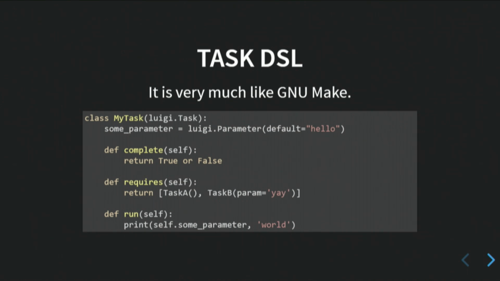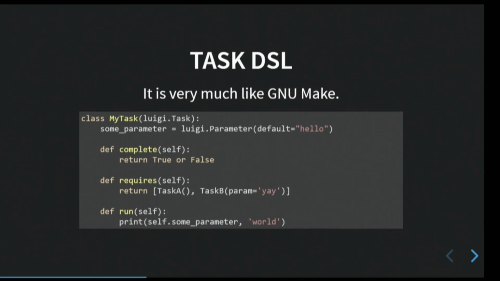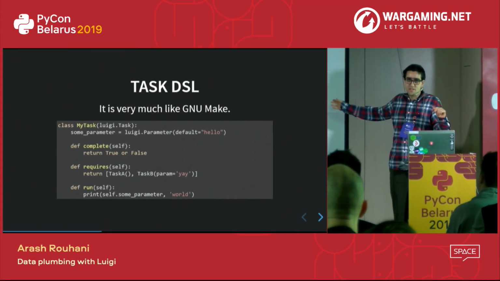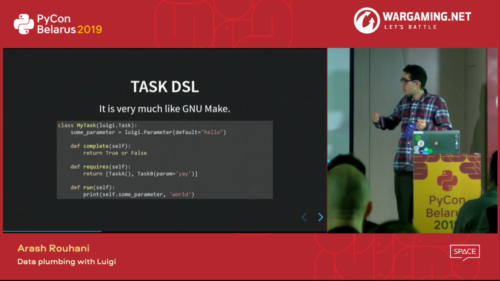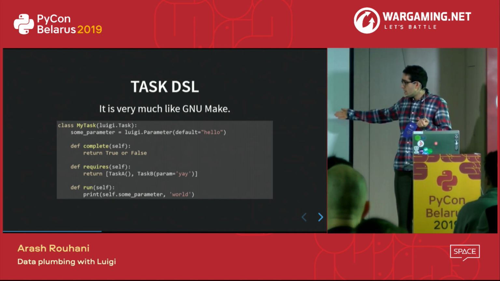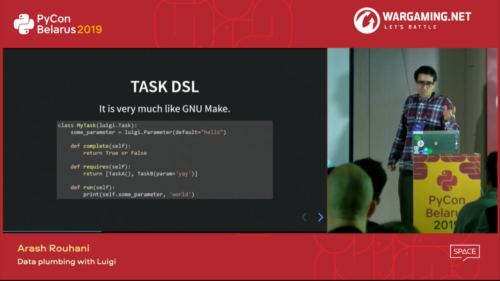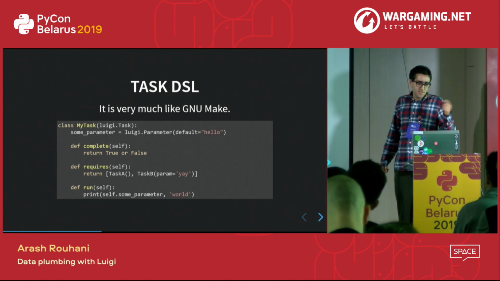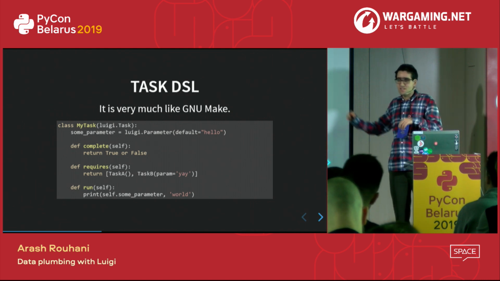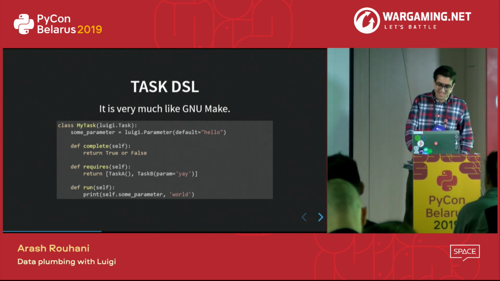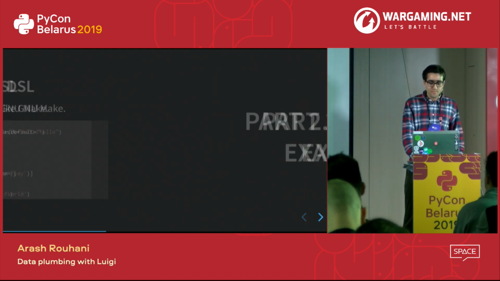You can have parameters. You have a method called complete, which says is this done yet or not, typically does this file exist or not. You have your dependencies, and you have the run method. The run method is probably using your dependencies, and after it's completed, it should make sure that complete returns true from then on. That's a well-behaving task in Luigi.